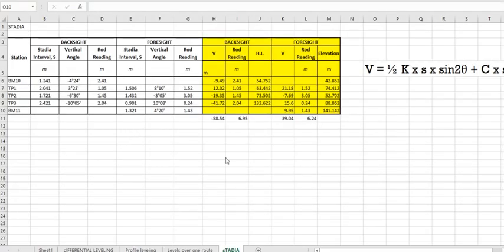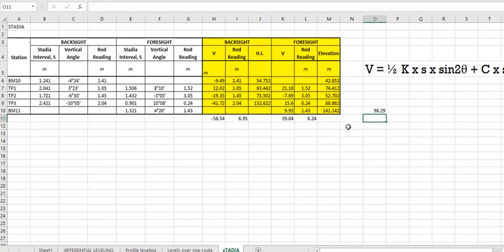Okay, for the arithmetic check, the difference in elevation of the known to the unknown equals BM11 elevation minus BM10 elevation, 98.29. This should equal the summation of the vertical distance and the rod reading of the backside and foresight.